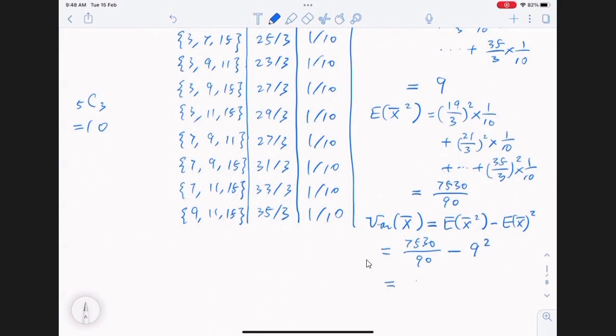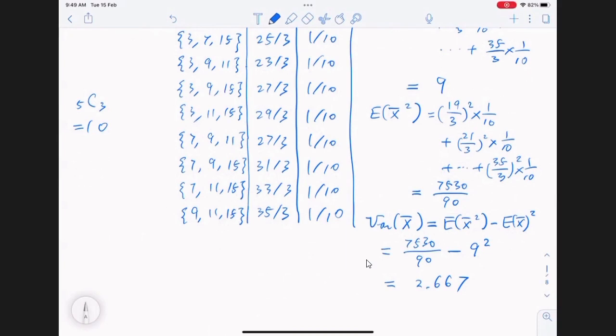And finally, we obtain the variance of the sample mean. Okay? So this is how we answer this question. List out all the possible samples, compute the sample mean of each sample with the corresponding probabilities. We can find out the expectation of the sample mean and the variance of the sample mean without referring to any mathematical formula that I've shown you before.